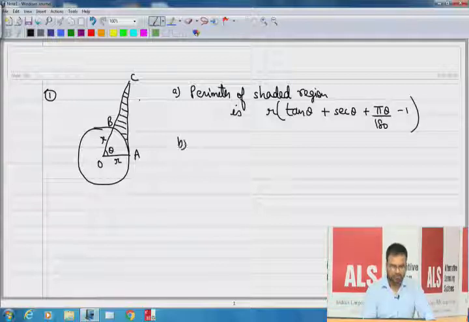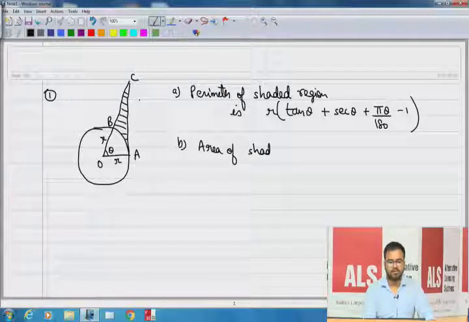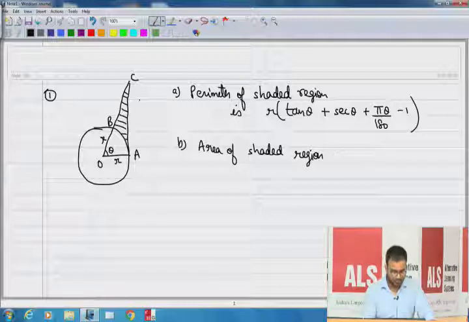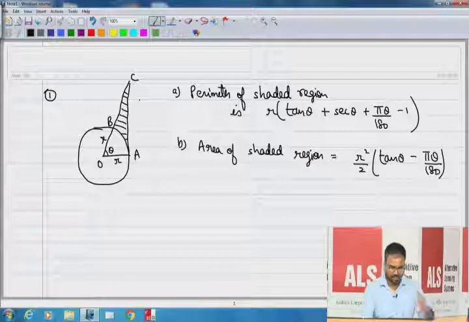And second thing you have to show, area of the shaded region is equal to r square by 2 into tan theta minus pi theta by 180.